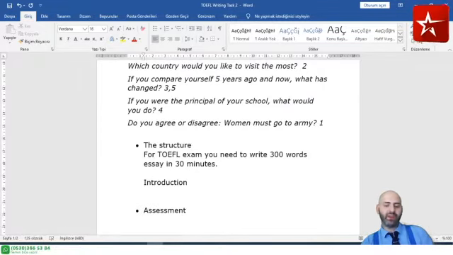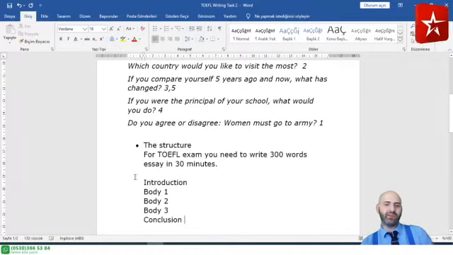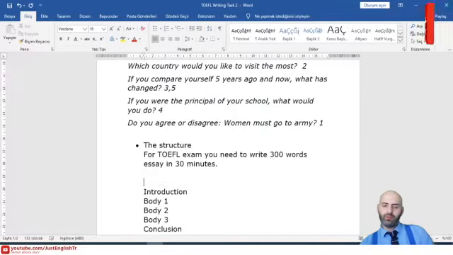Then we need to have body paragraphs: body paragraph 1, body paragraph 2, body 3. So you need to have 3 body paragraphs for a good TOEFL essay. And finally, you should have a conclusion paragraph. Okay, so there should be 5 paragraphs in total in your essay.